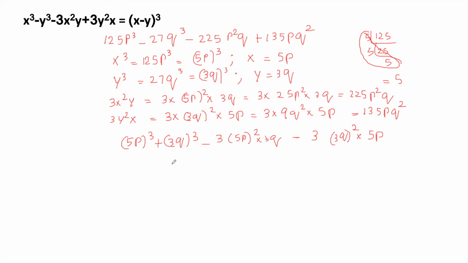So what will be the factorization for this polynomial? That is x minus y the whole cube. Okay, what is the x here? That is 5p. What is the y here? Minus 3q the whole cube.